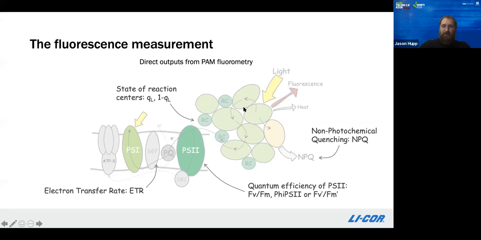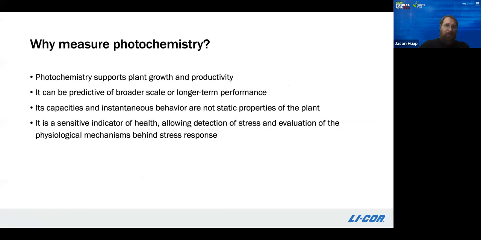So then the question comes, why do we care about measuring these things? Well, nothing's free, right? Plants use these processes to capture light and convert it into the food and the products that support their growth and productivity. Without these processes, the plant doesn't grow, it doesn't exist, it just dies.